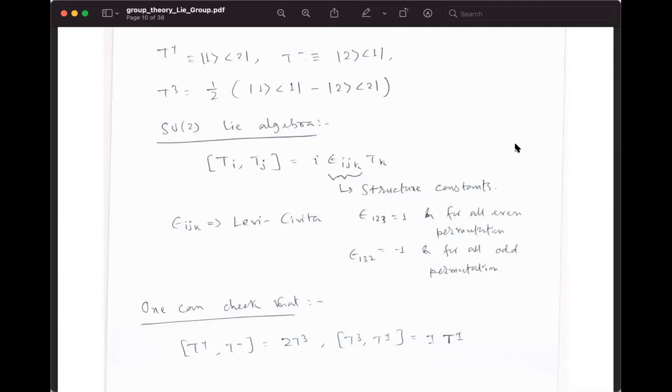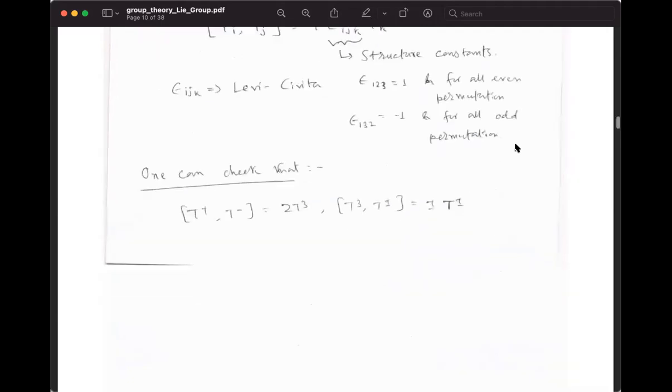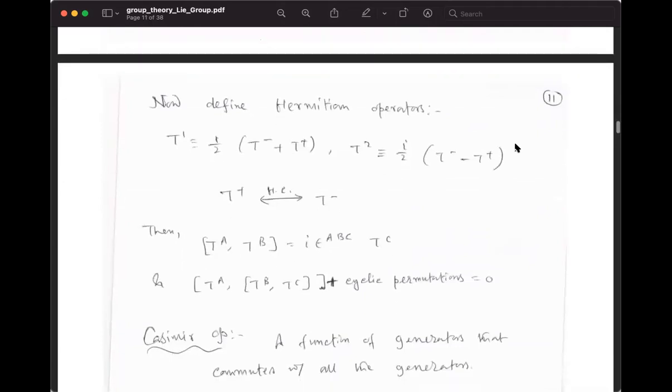And here there's also another basis where you can represent the generators as T plus, T minus, and T3. So the commutator of T plus and T minus is twice T3, and the commutator of T3 with T plus or minus is plus or minus T plus or minus. So we can define these Hermitian operators T1 and T2 from T plus and minus in the following form.